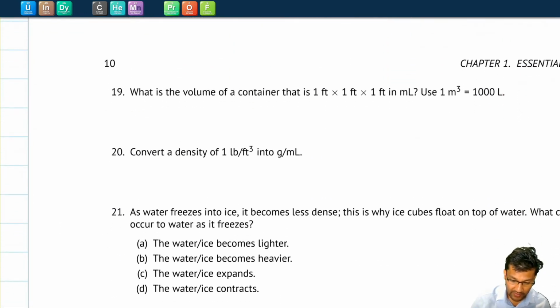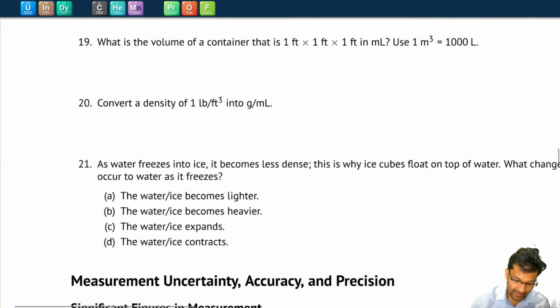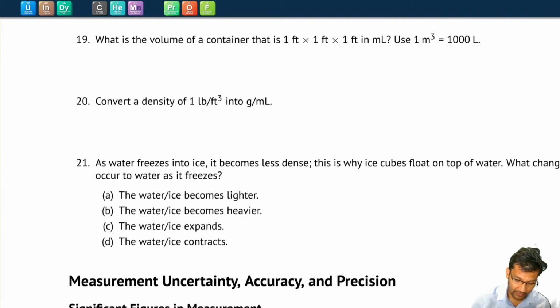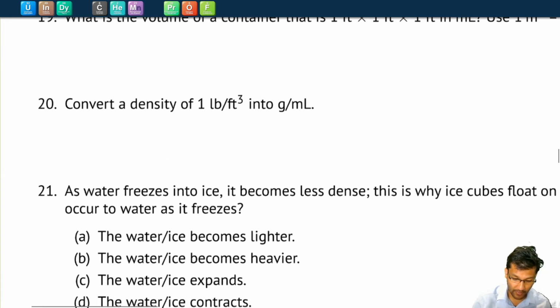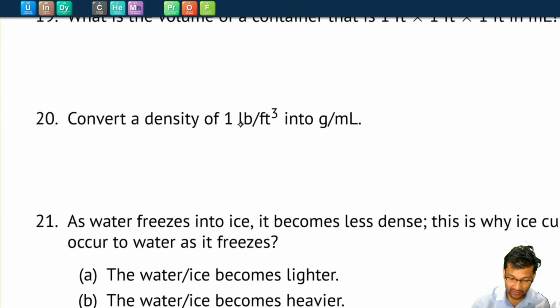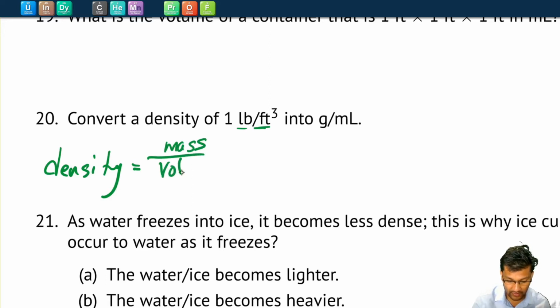Okay, let's do some different ones. Let's look at density. Density here is given in terms of pounds per cubic feet. Remember, density is another one of those derived units, and it's mass over volume.